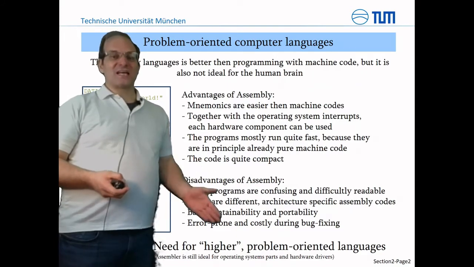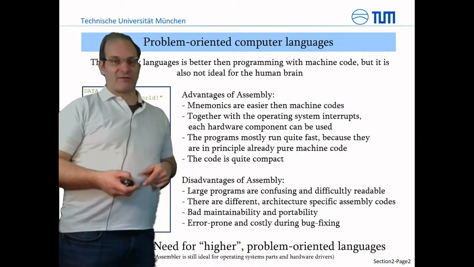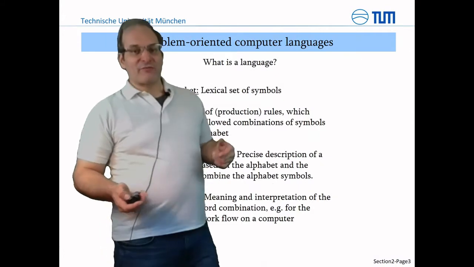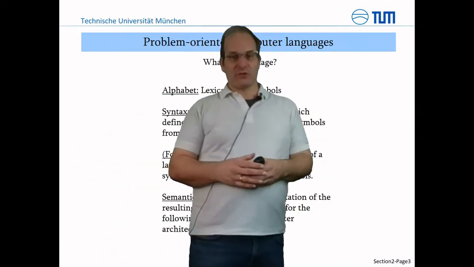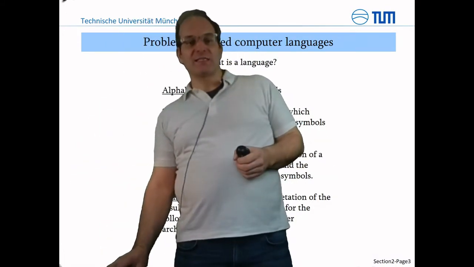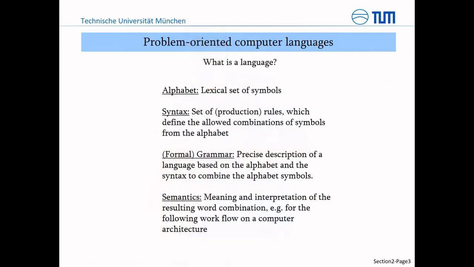So there is a real need for these higher-level languages, and therefore we have to define what a language is. A language is defined by syntax. It defines rules which must be fulfilled so that a word or a sentence is understood.